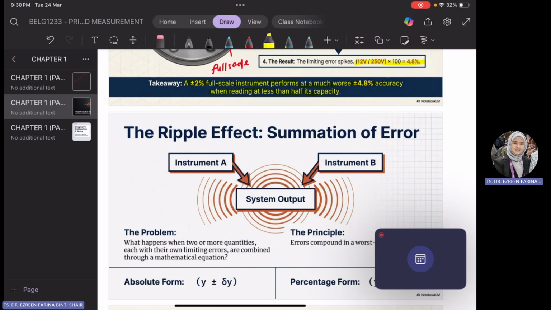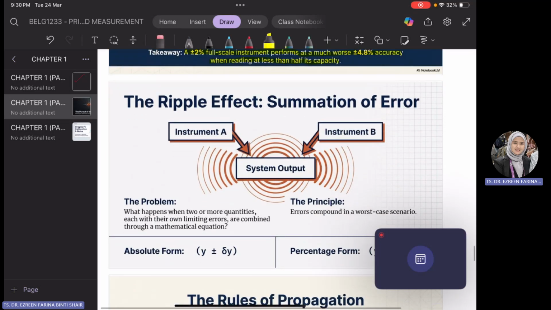So next, let's look at the ripple effect of error. What does it mean by ripple effect, or summation of error? For example, we have two instruments, instrument A and instrument B, and you get one output. The problem is what happens when two or more quantities with two different limiting errors are combined.